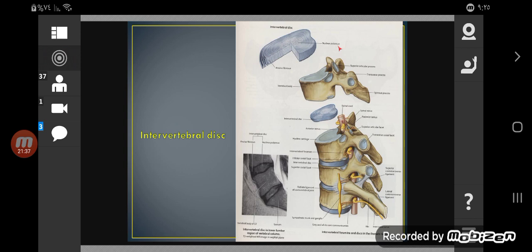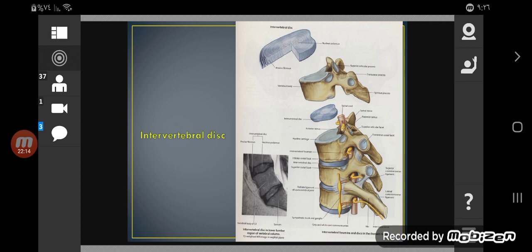Nucleus pulposus is actually gelatinous because of its high content of hyaluronic acid and glycosaminoglycan molecules. Because of this, the nucleus pulposus is hydrophilic, water friendly, and absorbs a lot of water.